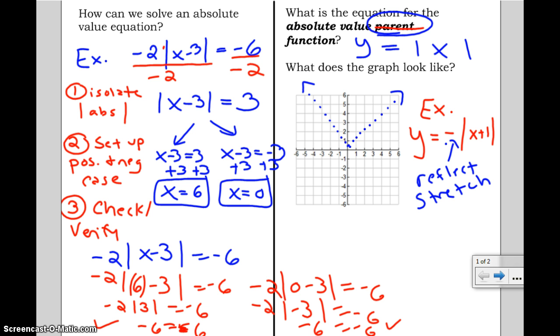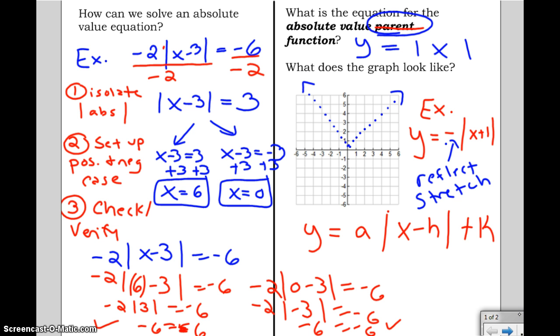So we looked at a basic function and we said that, well, if I have y is equal to some number in front of the absolute value, and then there's an x minus some number on the inside, we're letting h represent that one, plus some number on the outside. These are all the different transformations that could possibly happen to my parent function. My parent function wouldn't have any of these a's, h's, or k's. It just has the absolute value of x.